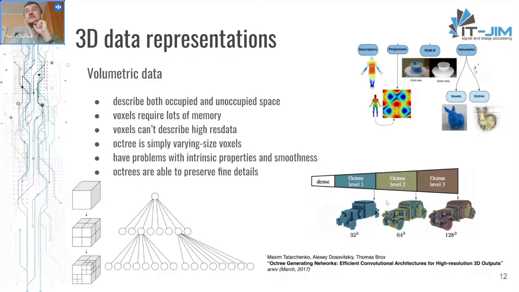On this image, you can see an example with 3 levels of details, when we have from 32 to 128 voxels in one direction. And octree is much less memory demanding and able to preserve finer details than voxels.